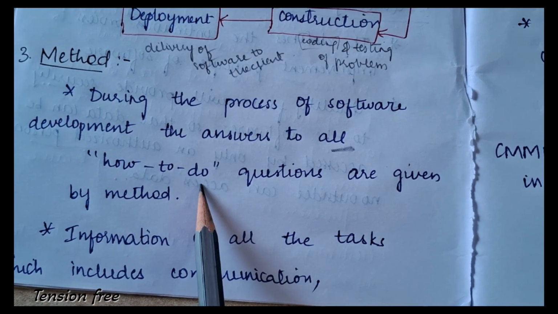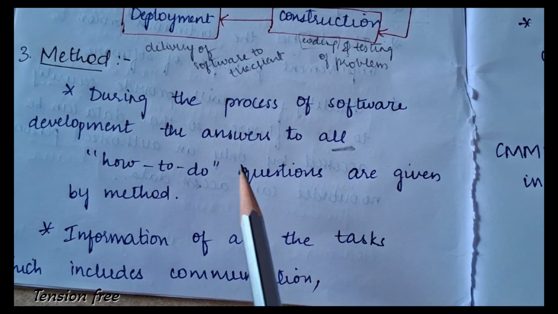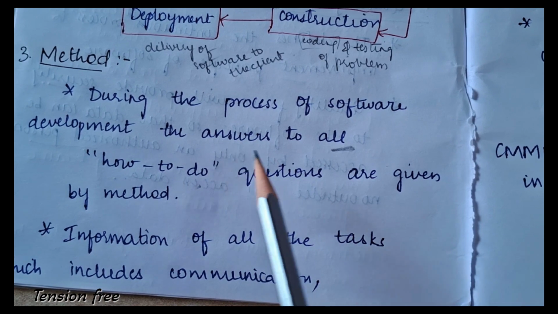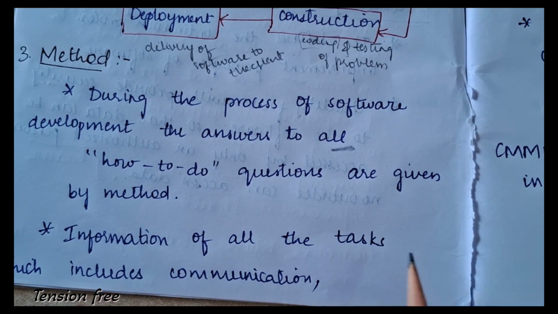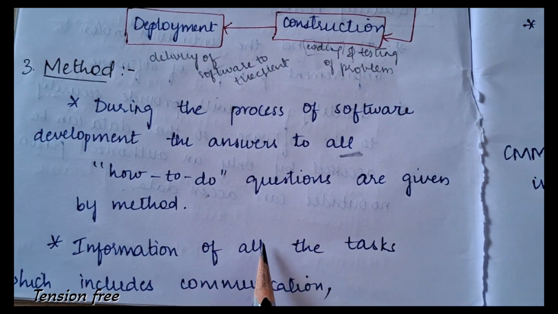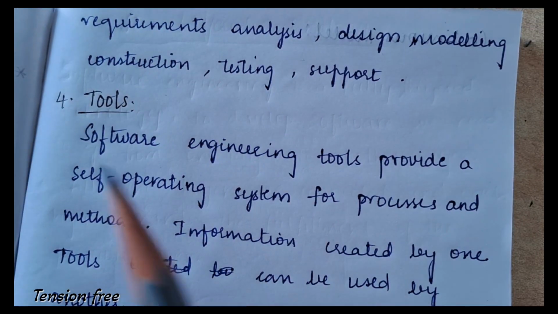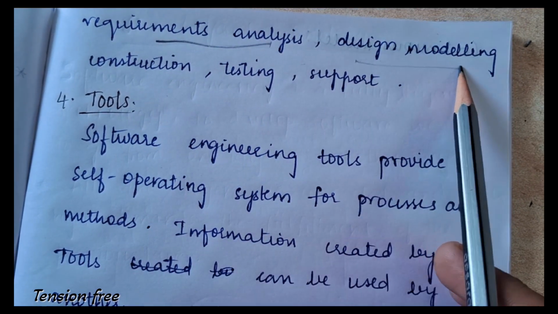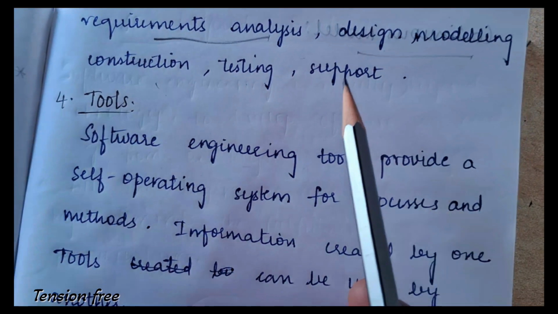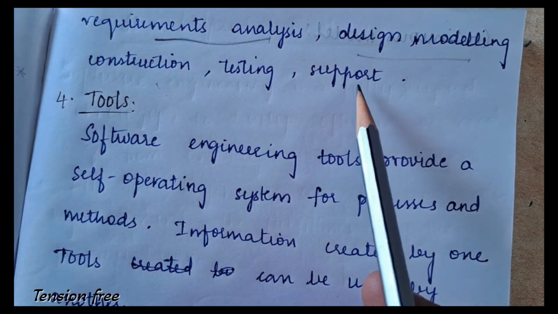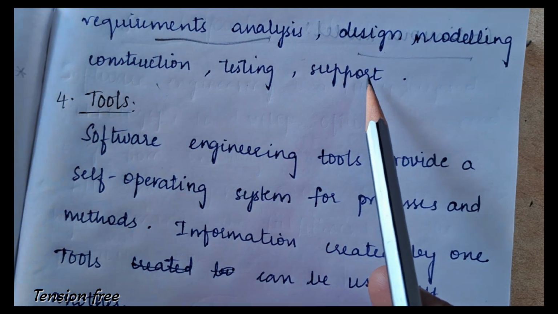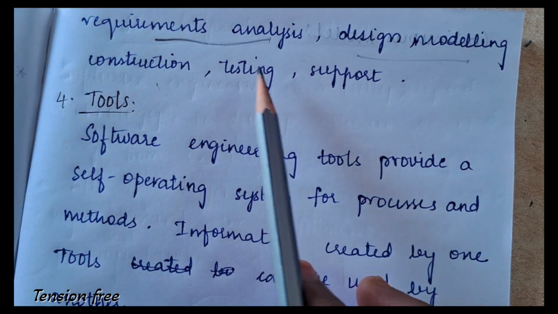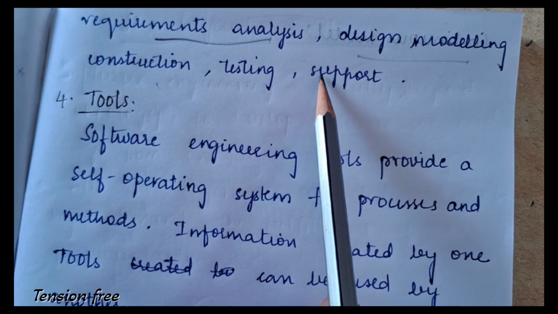That is, how to do it and what we should do are answered here. Information on all the tasks is given, including communication, requirement analysis, design modeling, construction, testing, and support. All this information is given to the client.